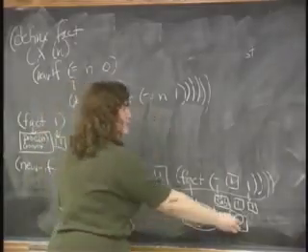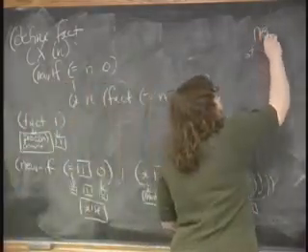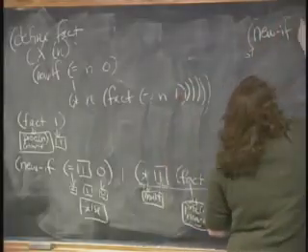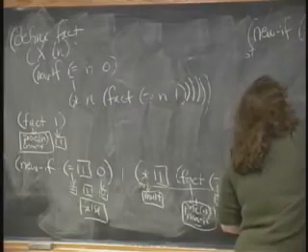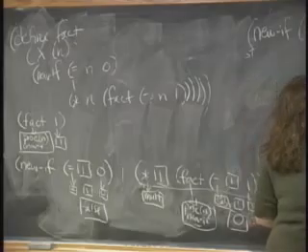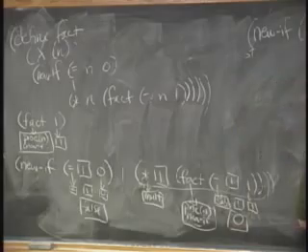Let's expand this. That becomes new if equals 0, 0, return 1, otherwise times 0, fact, minus 0, 1.